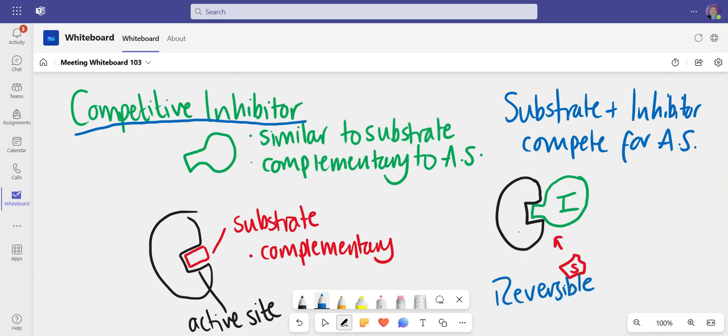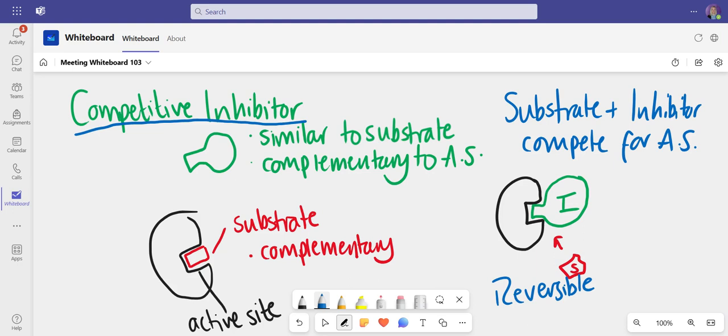That means that they bind to the active site and then they dissociate again. They come off again, and then the substrate can bind, and the inhibitor might bind again, the substrate might bind again. Remember, it's totally random. These molecules, inhibitors, substrates, enzymes, all have their own kinetic energy. They're moving around totally randomly, and it's random chance which one of them will bind to the active site.